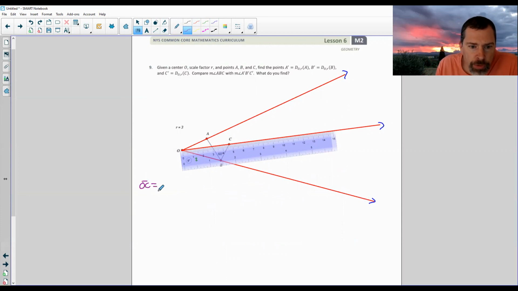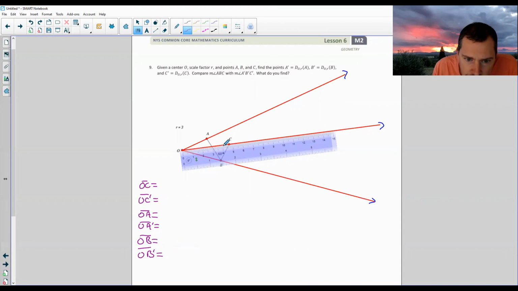OC equals, OC prime equals, OA equals, OA prime equals, and OB equals, OB prime equals. So I just want to find all these segment lengths.